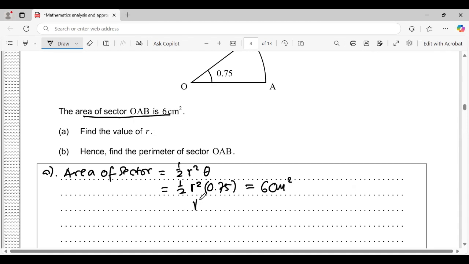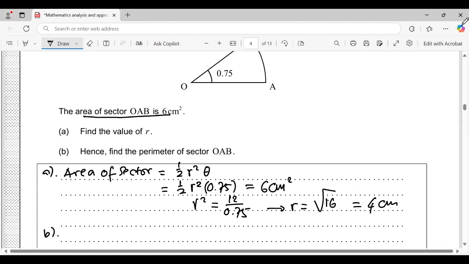So we can determine r squared equals 2 times 6, 12, over 0.75. So r we can determine through square root of 16, because 12 divided by 0.75 is 16, and it is 4 centimeters. So the radius is 4 centimeters.